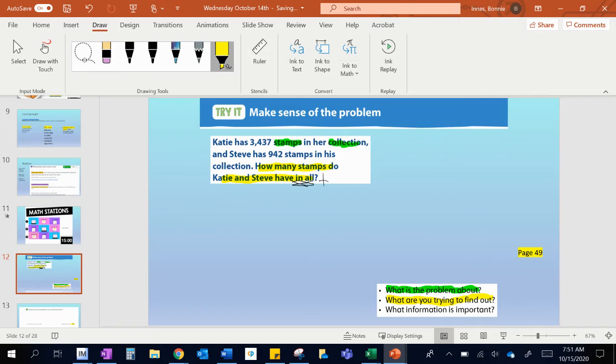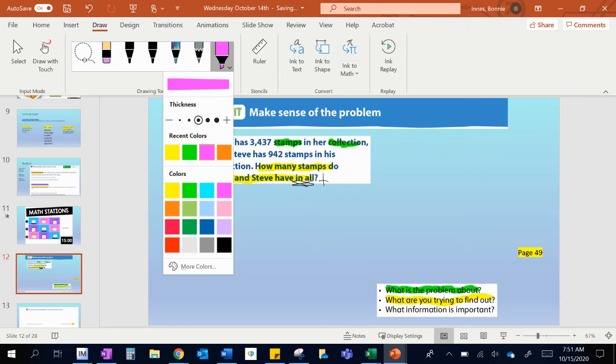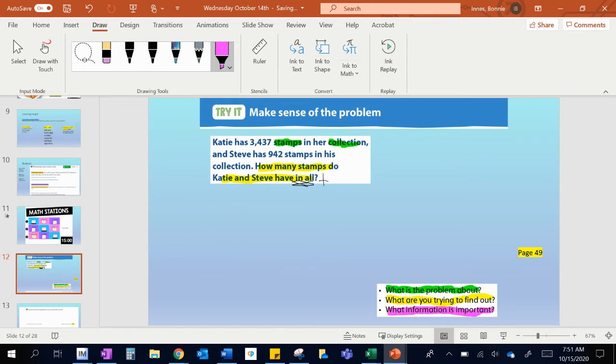All right, I'm going to switch my color. Next question is, what information is important? I'm going to read it one more time. We're thinking about what it is in this problem, because there's a bunch of words. It might be numbers, it might be words. Do we need to pick out from it? Katie has 3,437 stamps in her collection, and Steve has 942 stamps in his collection. How many stamps do Katie and Steve have in all?